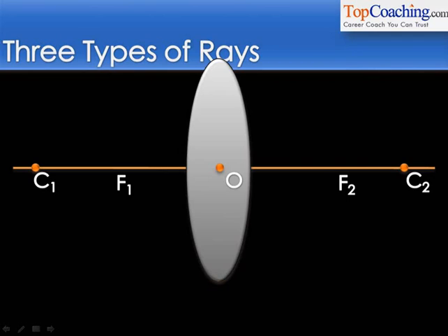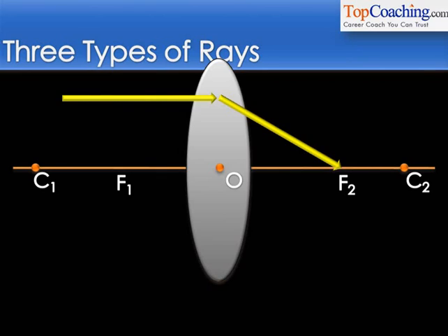These are three standard types of rays, and you must remember what happens to these rays when they strike convex and concave lenses. You already know that if a ray is parallel to the principal axis and it strikes the convex lens, then after refraction from the convex lens, the ray must pass through the focus on the other side, F2, isn't it? So this is one type of ray that can strike the convex lens.